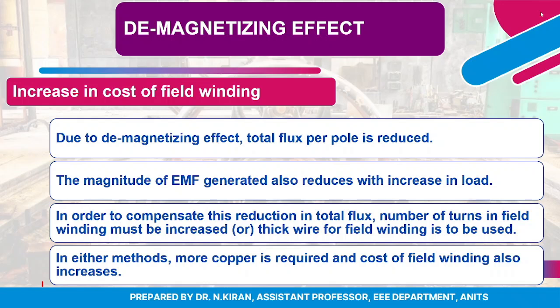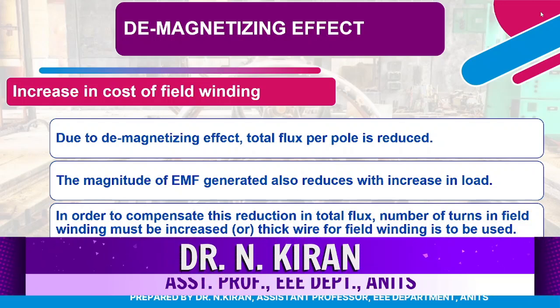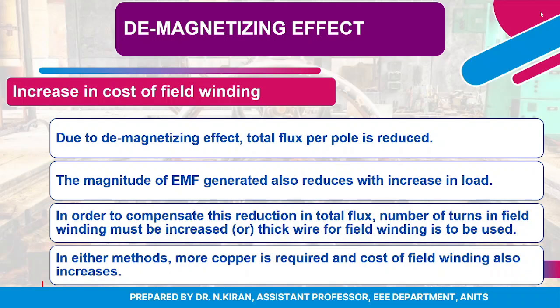But in order to increase the number of turns, we know that more copper is required and the cost of field winding will also increase. So these are the two main effects due to the demagnetizing effect.